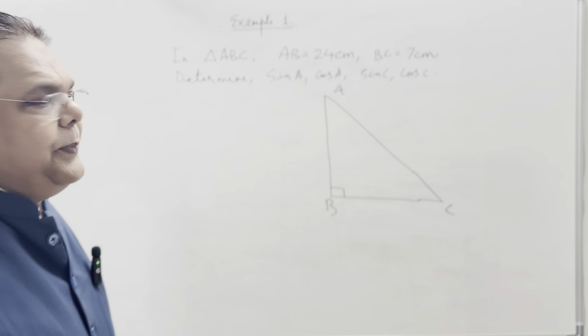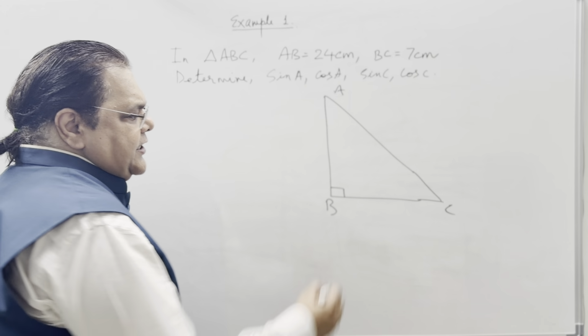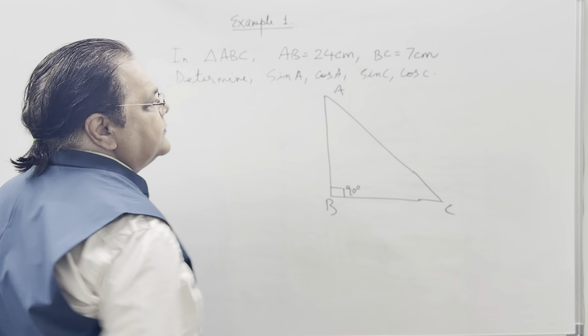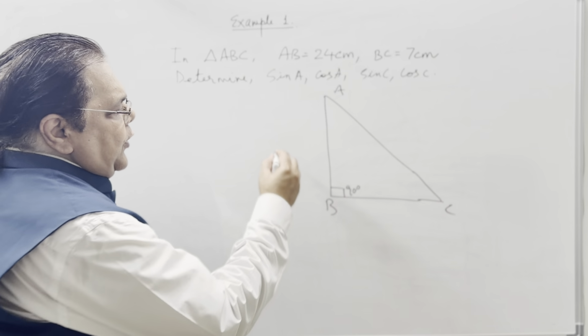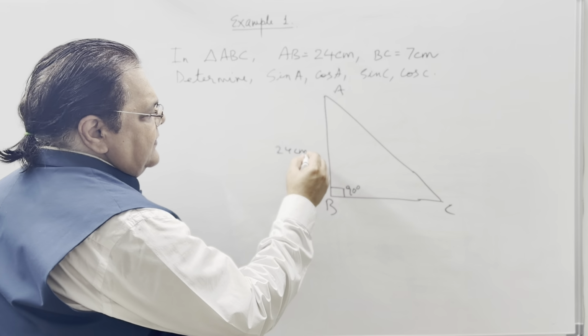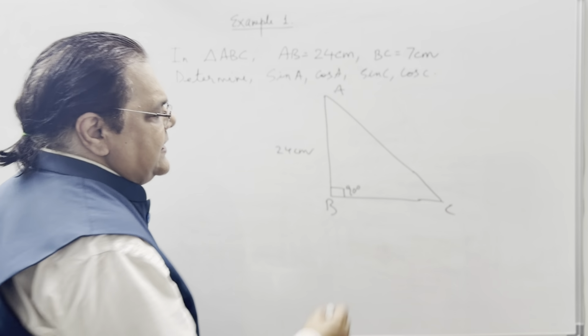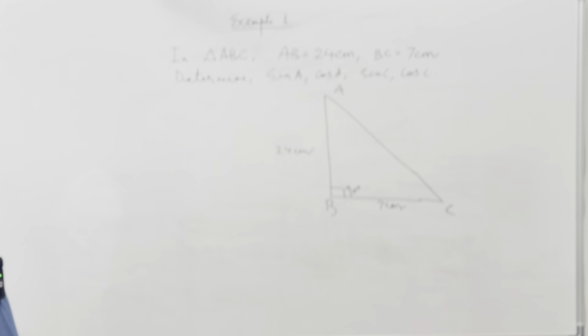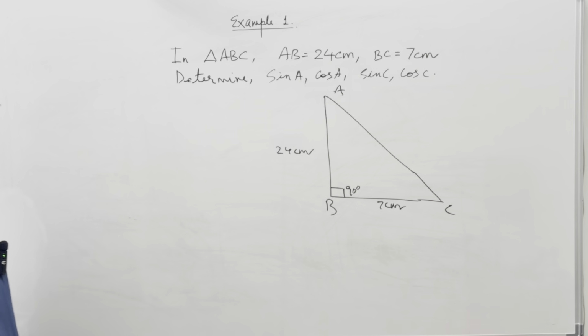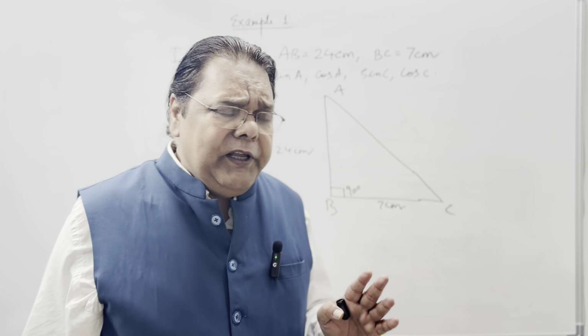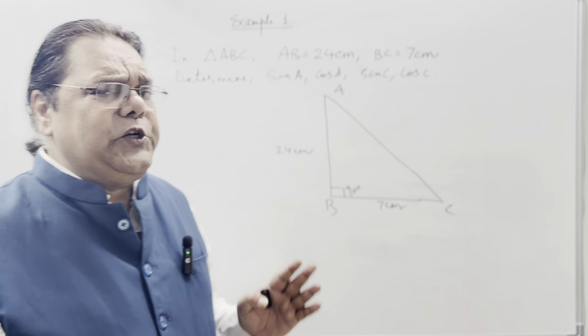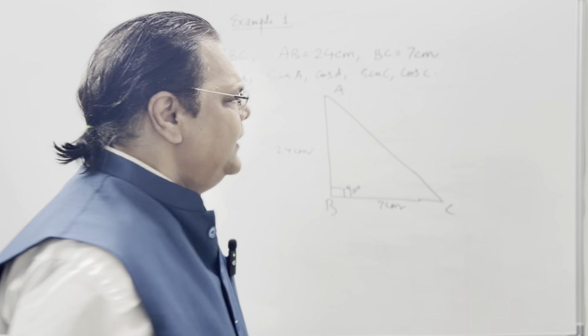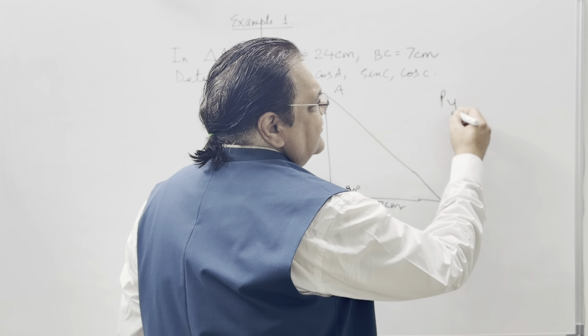Let us assume angle B as 90 degrees. AB is 24 centimeters, that is given. BC is 7 centimeters, that is also given. I forgot to mention one thing. Whenever you are solving any trigonometric numerical, you have to keep in mind the Pythagoras theorem.